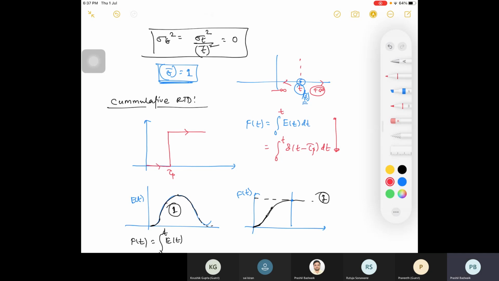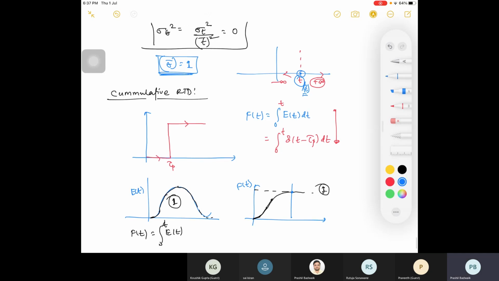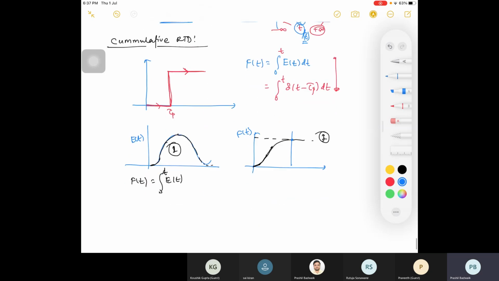There is no value up to this, right? I'm cumulating it up to this time, so I get zero value everywhere. And after that, as soon as tau p is reached, suddenly there will be an addition of 1, and it will be like this. So this kind of curve you will get as f of t.